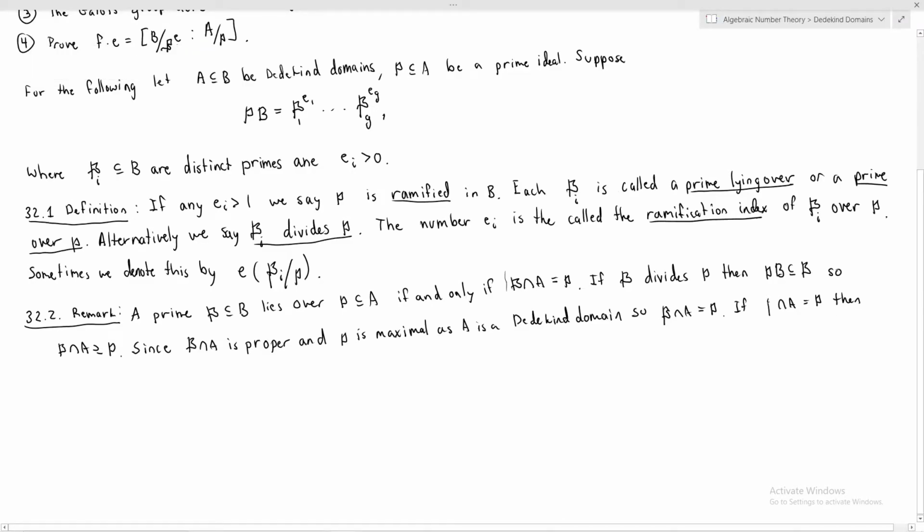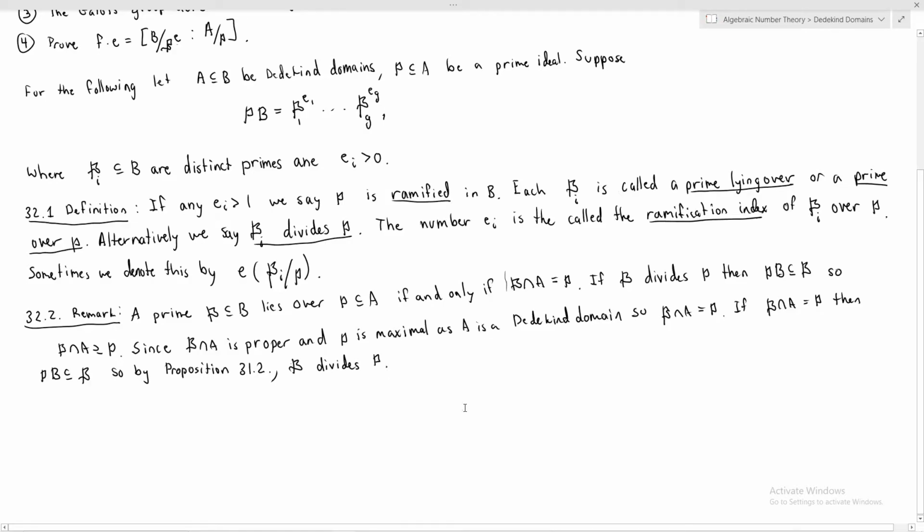If big P intersect A equals little p, then this is going to be contained in big P. So by 31.2, this guy divides B. Okay.